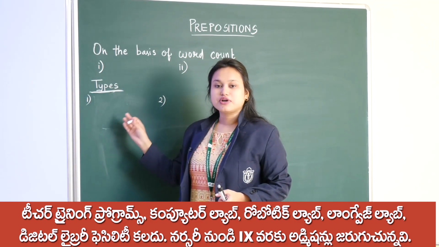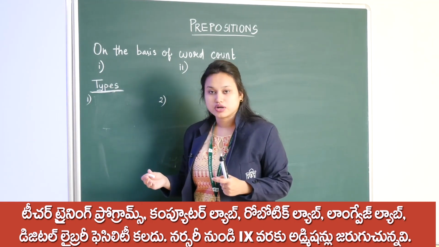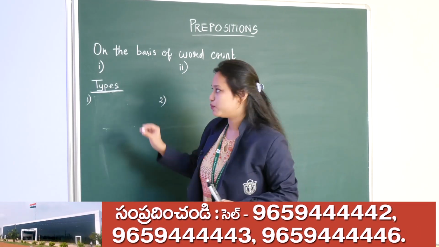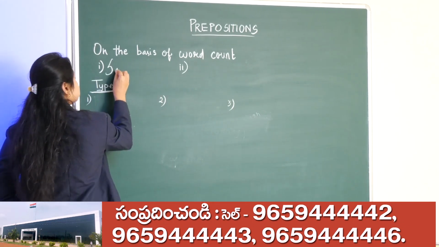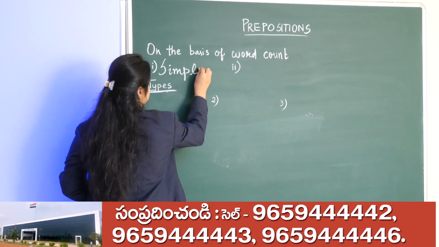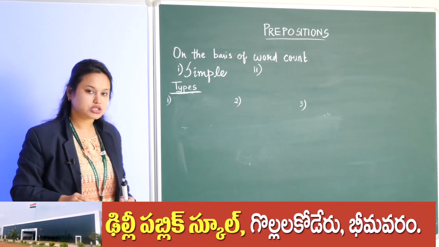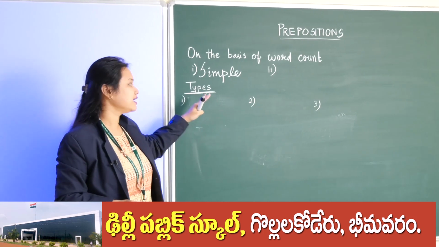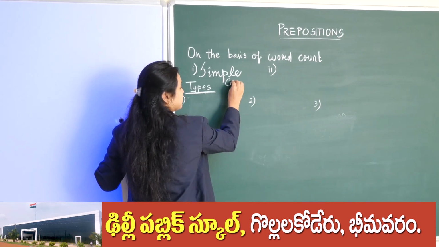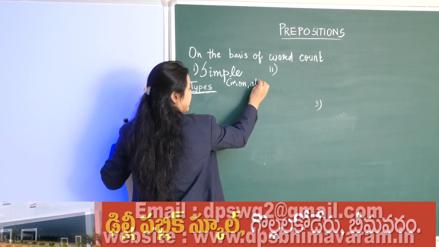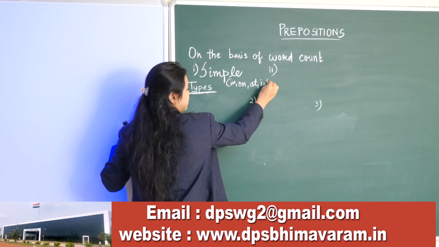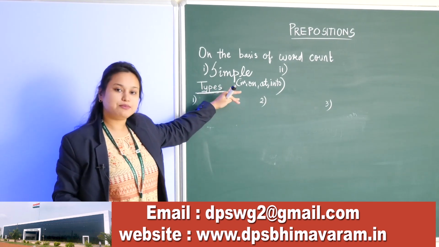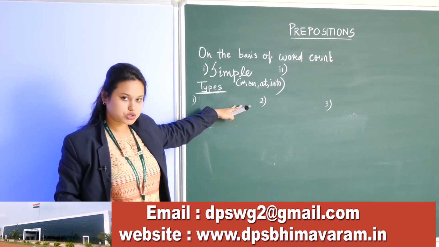So on the basis of count, some prepositions are one word, and these one-word prepositions we name simple prepositions. The prepositions which have only one word, for example in, on, at, into, we name as simple prepositions, right?